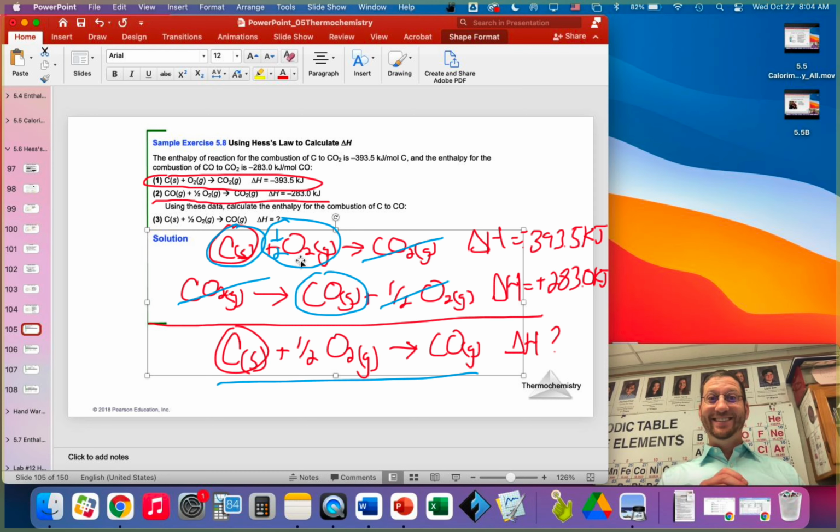So negative 393.5 plus 283. They both have one decimal place, so I get to keep one decimal place. Negative 110.5. Yeah, I probably could have figured that out without a calculator. Oh, okay. So negative 110.5 kilojoules. And let's see, double check, did we actually solve for what we wanted?